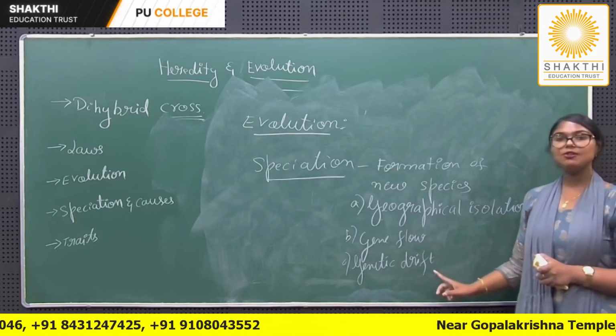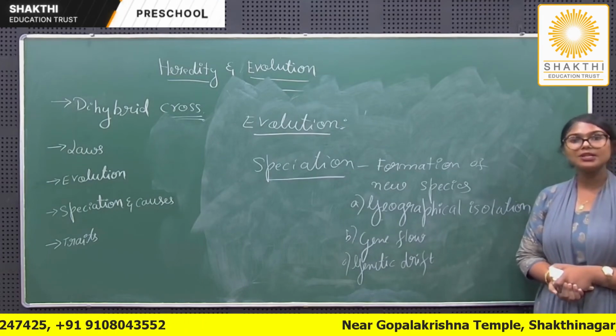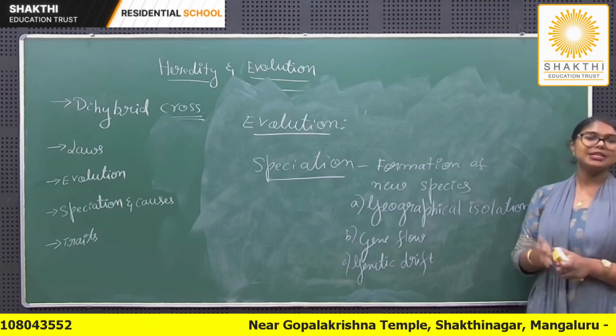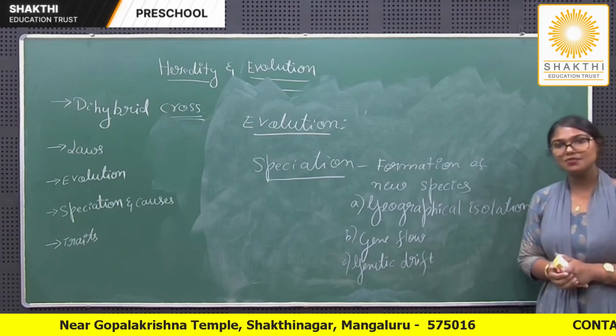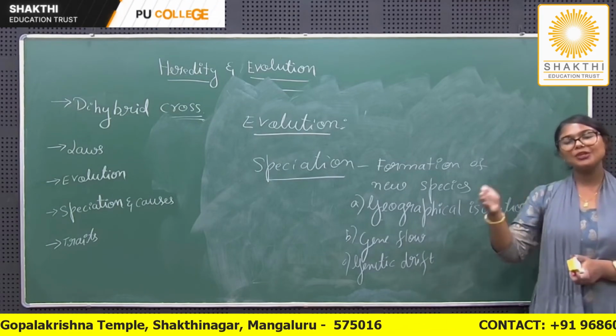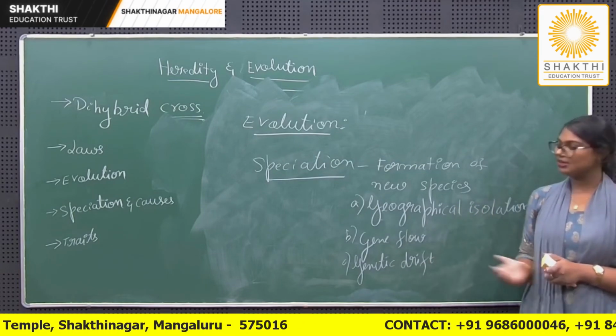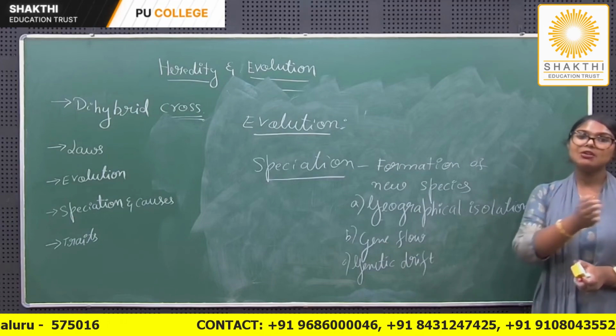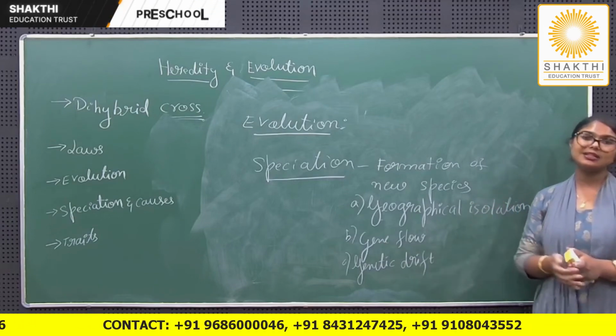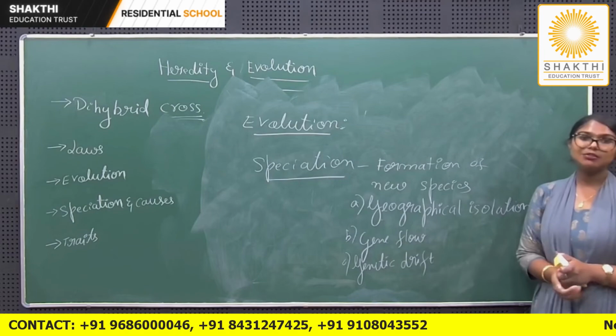Coming to gene flow and genetic drift. What is gene flow, students? Due to some reason, when genes flow from one population to another, then we call it gene flow. Very simple. Flow of genes from one population to another, we call it gene flow.